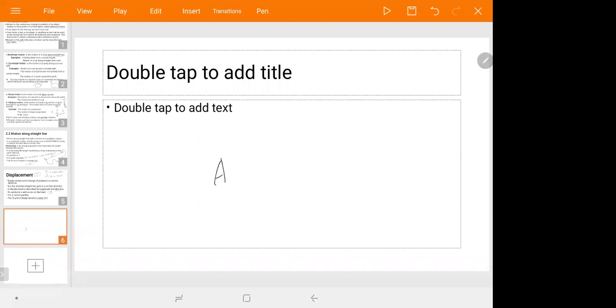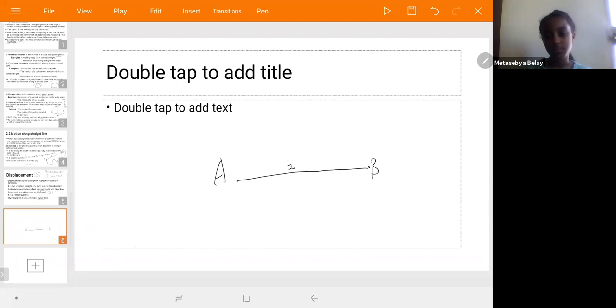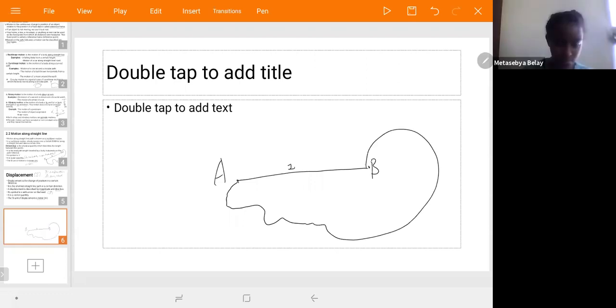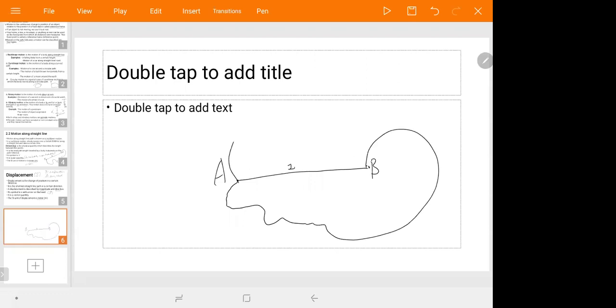For example, if you take point A and point B, there can be such a type of motion, maybe path one here, and another path again, and so on.